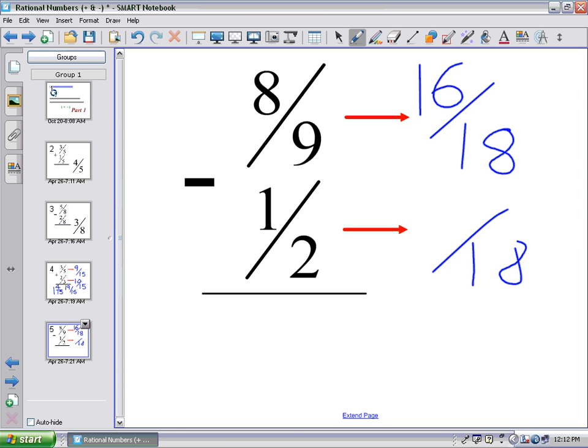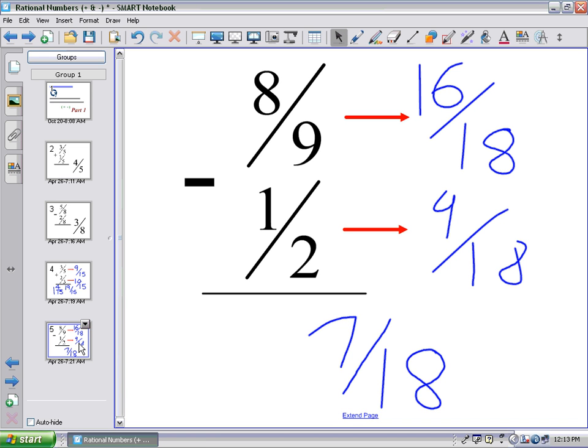Then on the bottom, 2 times 9 gives you 18, so now you have to multiply the top by 9, and 1 times 9 would give us 9. Last but not least, we have to subtract now. So when I subtract, 16 minus 9 is going to give me 7. And again, the bottom of the fraction always stays the same.